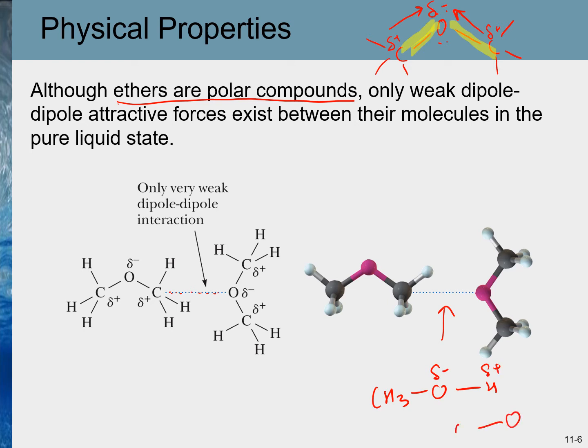So because of hydrogen bonding, the intermolecular forces in alcohols are much stronger as compared to ethers. Ethers have only dipole-dipole interactions. On the other hand, alcohols have H bonding. So therefore, ethers have a low boiling point as compared to alcohols with comparable molecular mass.